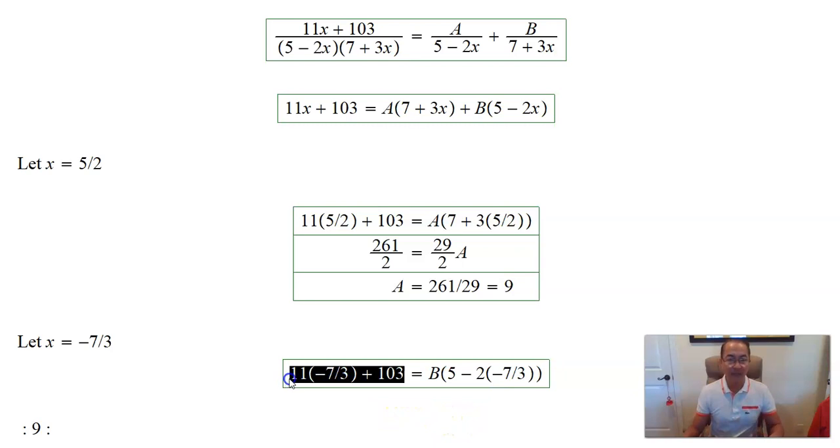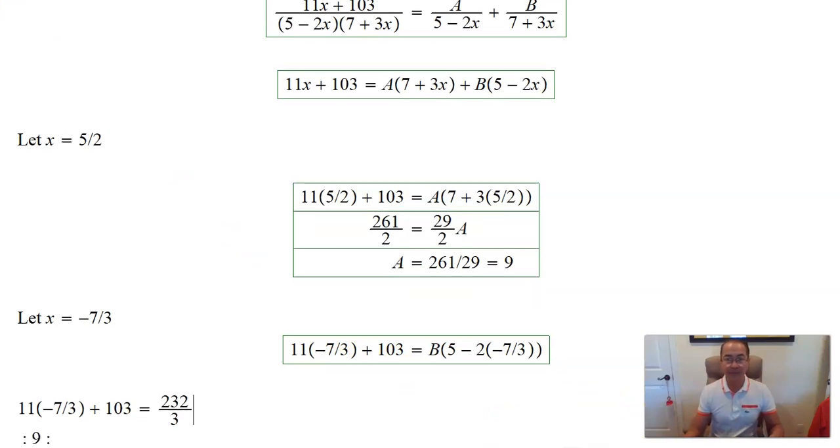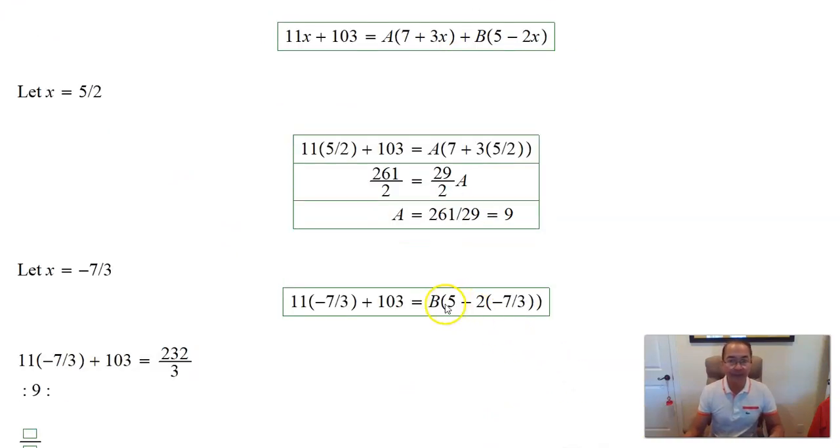Okay, so I'll do it one at a time this time. We want to simplify this. So 103 times 3 is 309 minus 77. Good grief. So that is 232 over 3. And on the right side, simplify, we get 29 over 3.